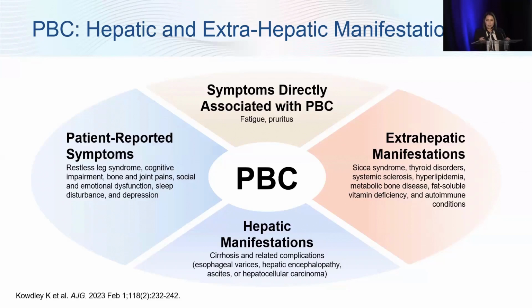There are also some patient-reported symptoms that we don't understand as well and don't have targets for, those that have brain fog or cognitive impairment, sleep impairment, depression. And then certainly the direct hepatic manifestations if someone progresses to having cirrhosis. So again, with the time of this talk, we're not going to address all of these, but wanted to point out that these are things that you need to be thinking about in the overall care of patients with PBC as well.